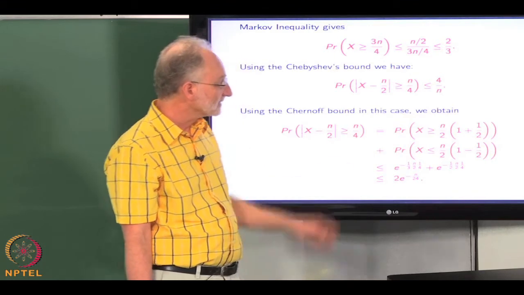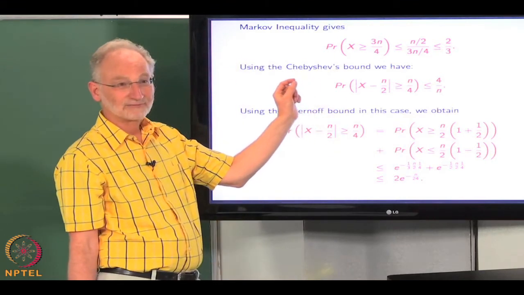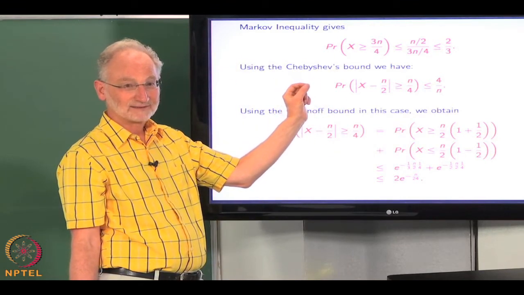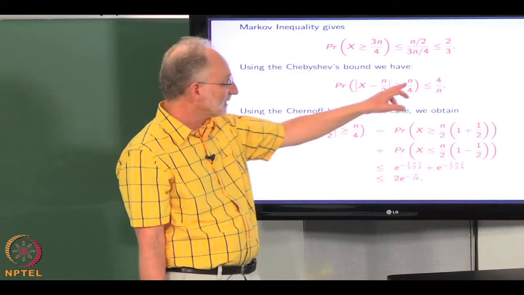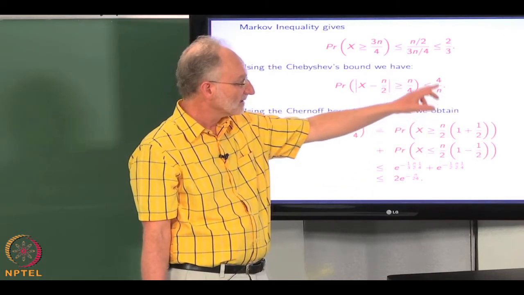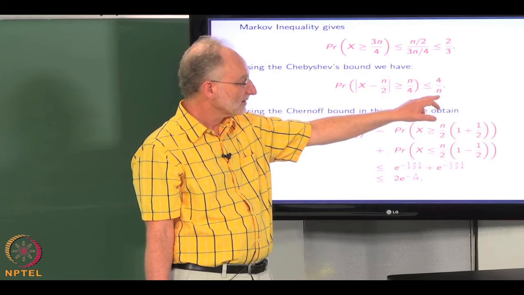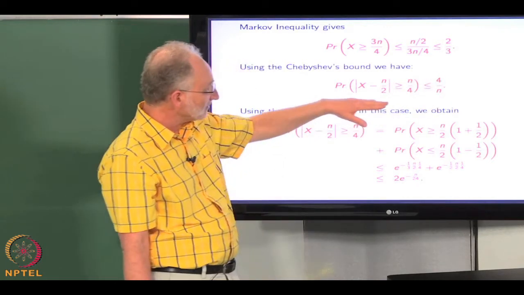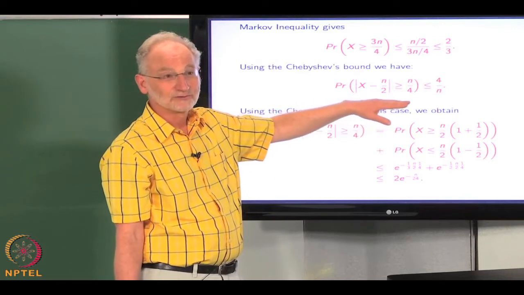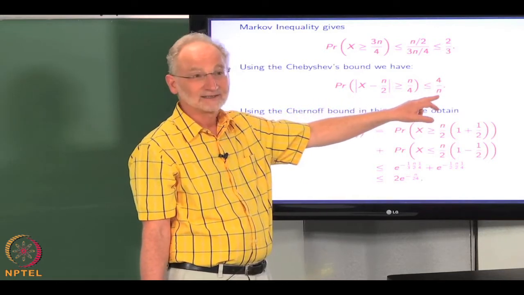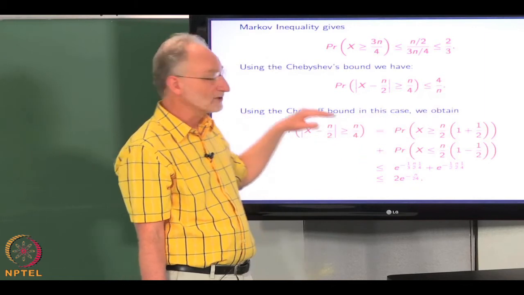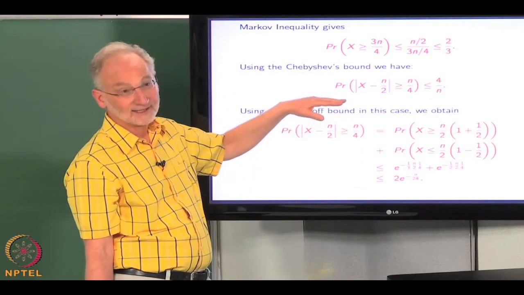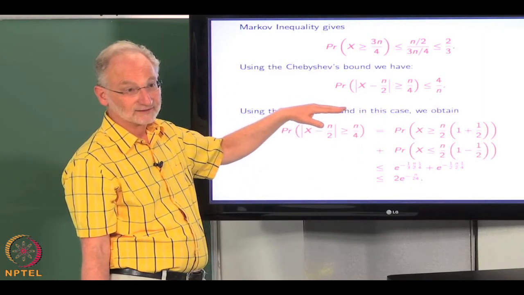The variance here is n over 2, and we divide by the deviation squared, so we get n squared down here, and up here we cancel. So we get at least something that goes down to 0 as n goes to infinity, but it goes down linearly with n.